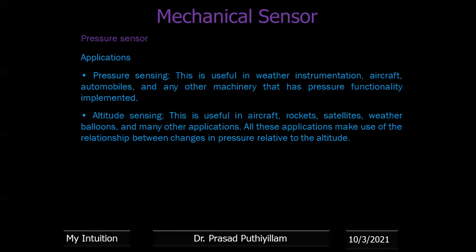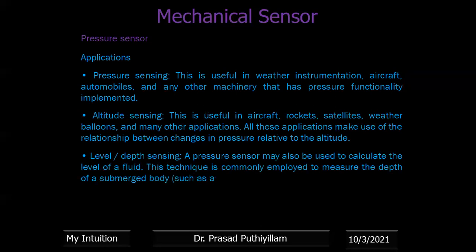These applications make use of a relationship between changes in pressure relative to the altitude. Now the level or depth can be measured. Usually submarines need this type of sensing technology.